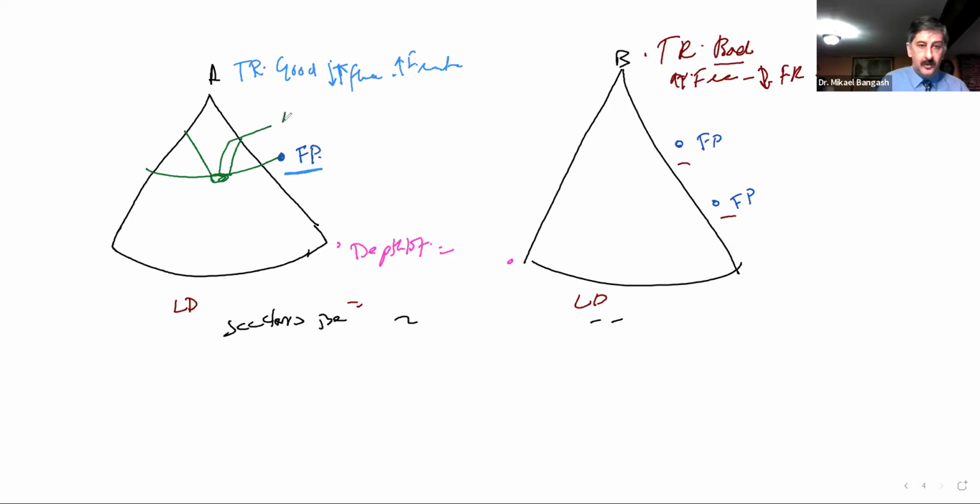So it's only at this depth here that we had a good lateral resolution. Whereas in this case, what did we have? We can say the beam had two focal points, this depth here and this depth here, right?